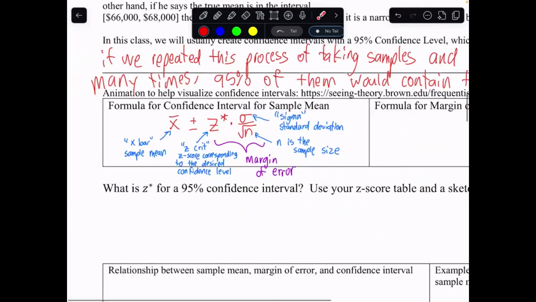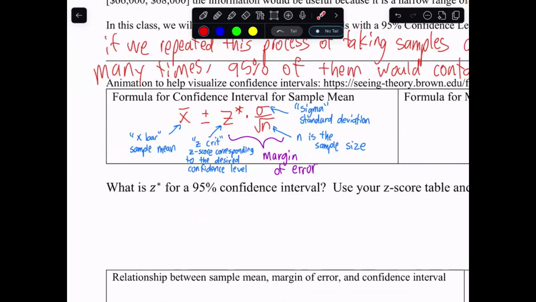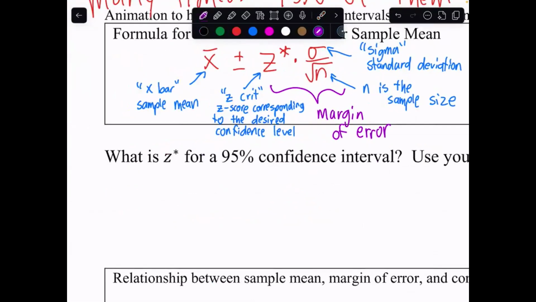Okay, so let's now talk about z-crit. For this class, we're always going to do a 95% confidence interval. So we need to know what z-crit is equal to. First, let's draw a little sketch to understand what we're looking for. Let's draw our normal curve.